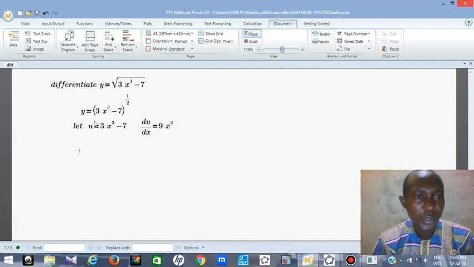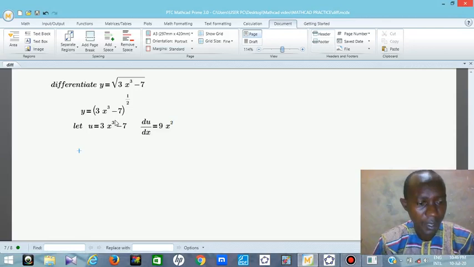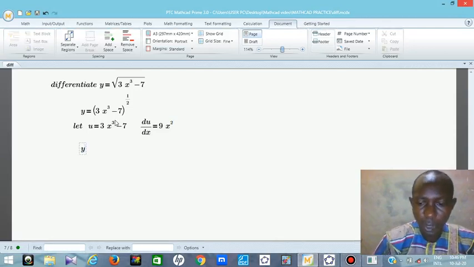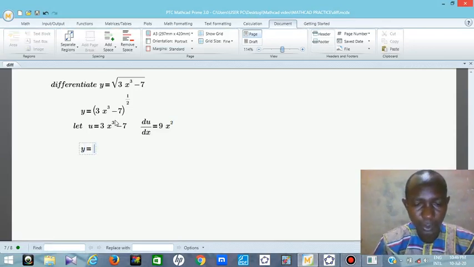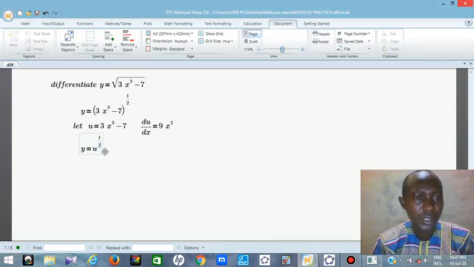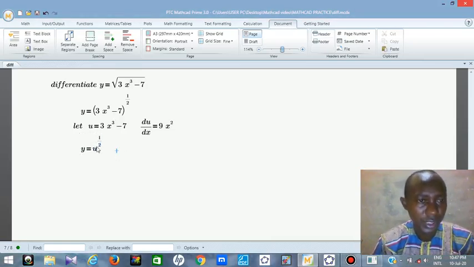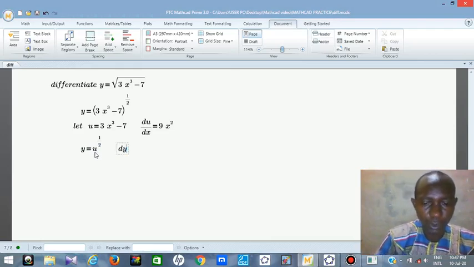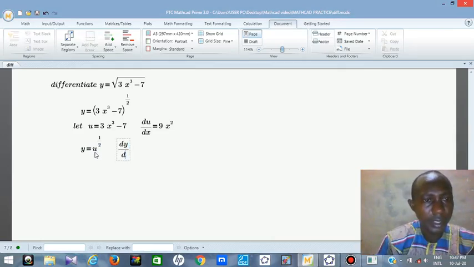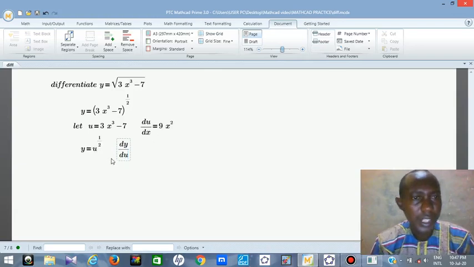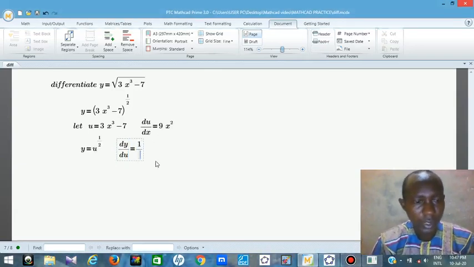Then the next thing is your y. You need to substitute u into this expression here. You're now going to have y equals u raised to power 1 over 2. Then you are going to differentiate this also, which is dy du. So dy du is now going to be equal to 1 over 2.